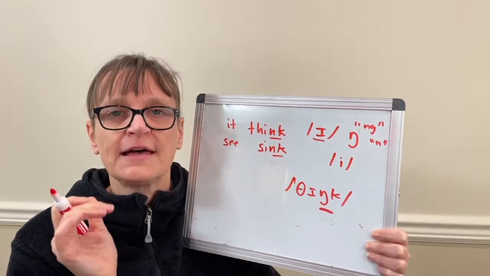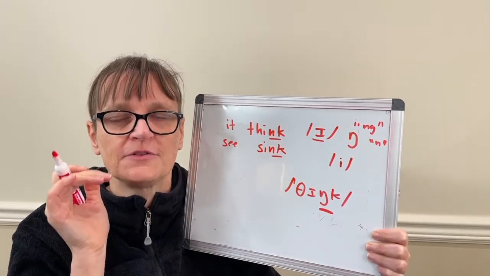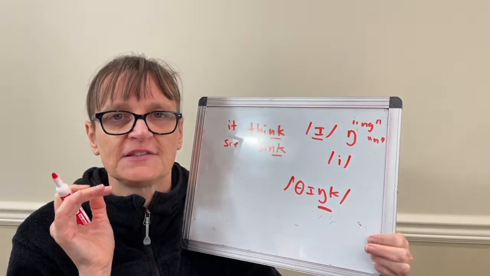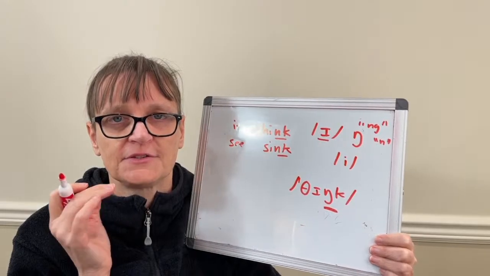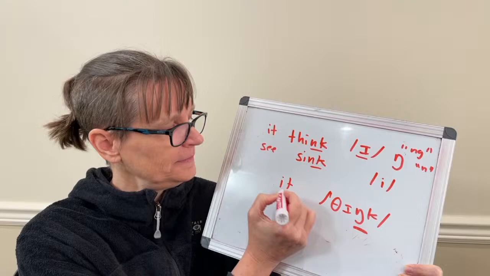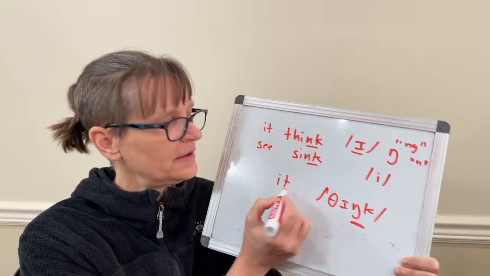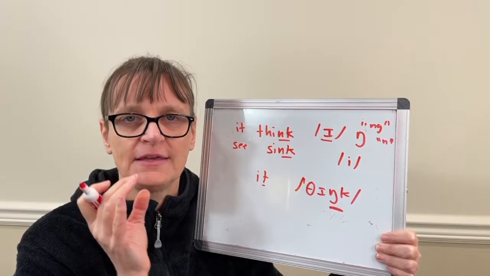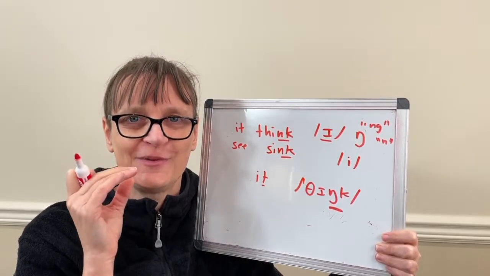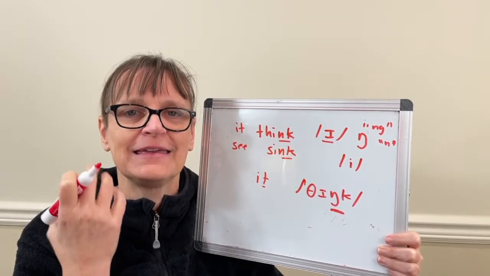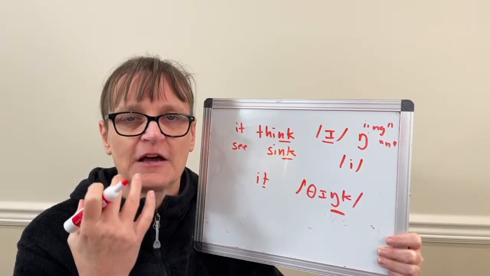This ng sound raises up the vowel. So when I say think, I'm not really doing the same thing as if I'm saying this or it. Excuse me. When there's not a nasal sound following the vowel, I can keep that a little bit lower. But when I have to do ing, ink, think, ing, it does affect how my vowel sounds.